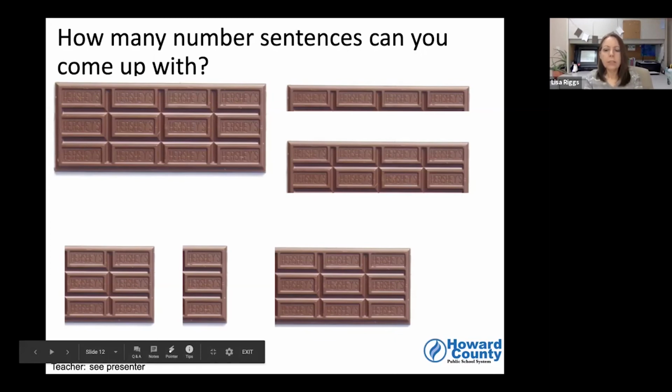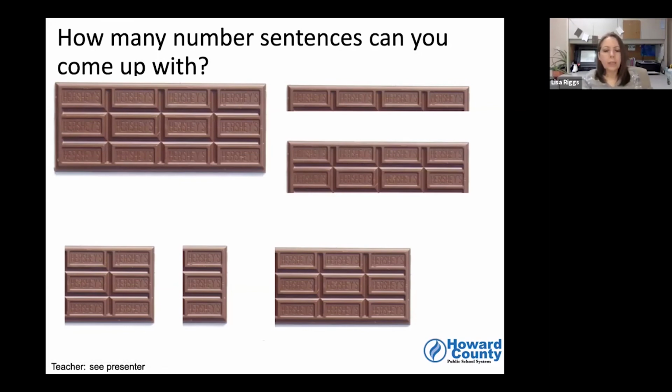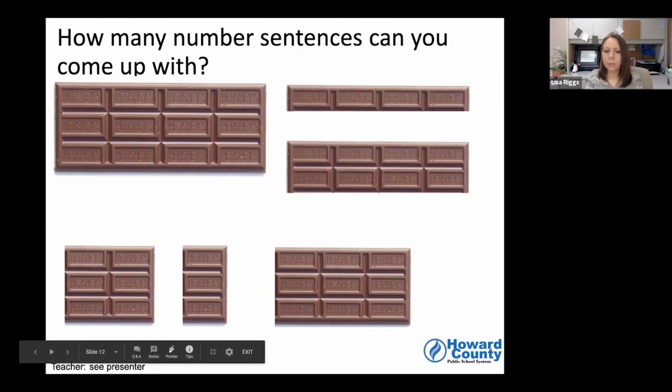So there's an activity that you can think about with students, and they can add and even subtract using that as a model. Okay, and I believe we talked earlier in the week about how, I think Leah mentioned this yesterday, area model, thinking about the measurement of the candy bar. So this is showing kind of that area of the candy bar and thinking about how we can add and subtract within that model.